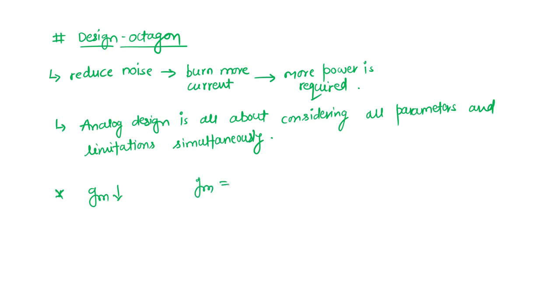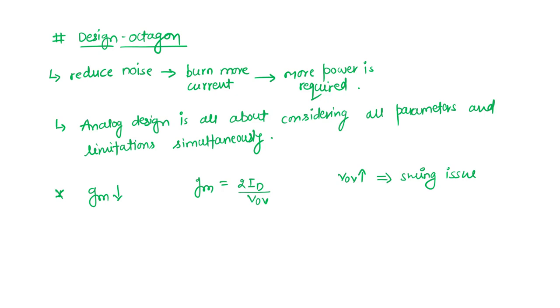From the relation we have seen, there is a current flowing through the load, and there is an overdrive voltage. If I want to increase the overdrive, we can reduce the size, fine, but we cannot increase the overdrive much because there is a swing issue. So if we want to reduce the GM, for the loading device the overdrive needs to increase, and increasing overdrive means again a swing issue.